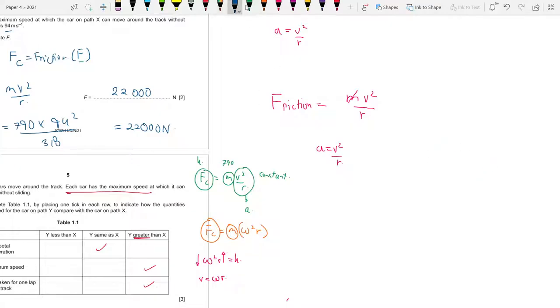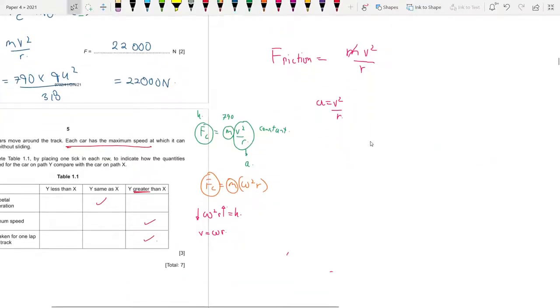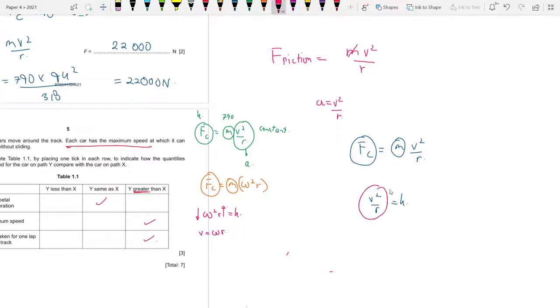Okay, so we don't really need to bring omega in right now. We know that centripetal force is equal to mv square by r. This is constant and mass is also constant. So v square by r is also constant, the centripetal acceleration basically. So if you want to look at radius, we need to keep this value constant.